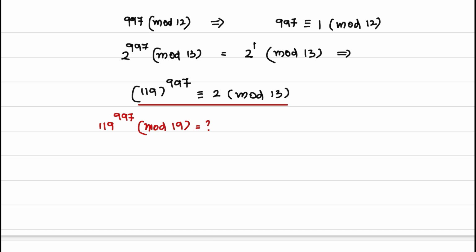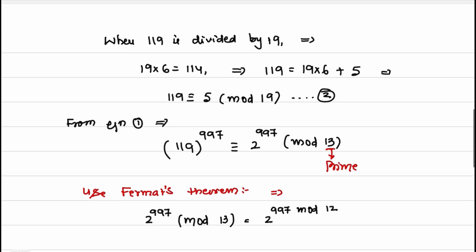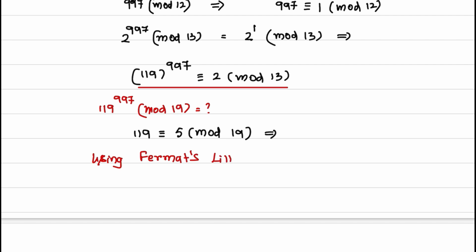From above, we have already found 119 is equivalent to 5 mod 19. From this, using Fermat's little theorem here also, what do we get?